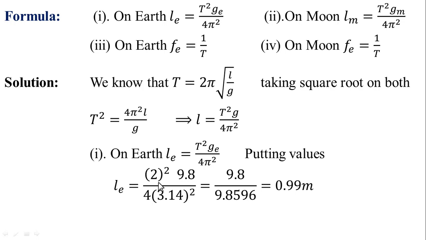Now 4 cancels out by 4, then 9.8 divided by 9.8596. Now the answer of length is 0.99 meter. So the length on Earth is equal to 0.99 meter.